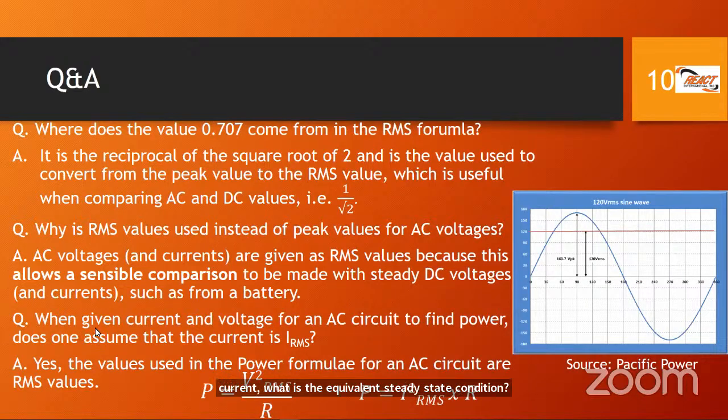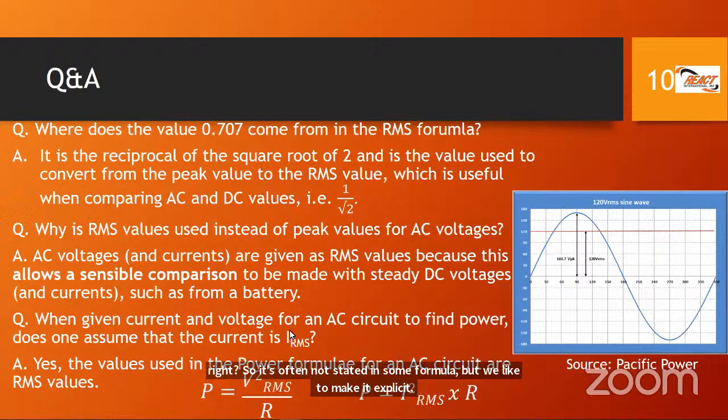And then the last question: when given current and voltage for an AC circuit to find power, does one assume the current is RMS, IRMS? The answer is yes. Once it's AC, we use RMS. It's often not stated in some formulae, but we like to make it explicit. That's why we'll see IRMS, or V squared RMS, really VRMS squared.